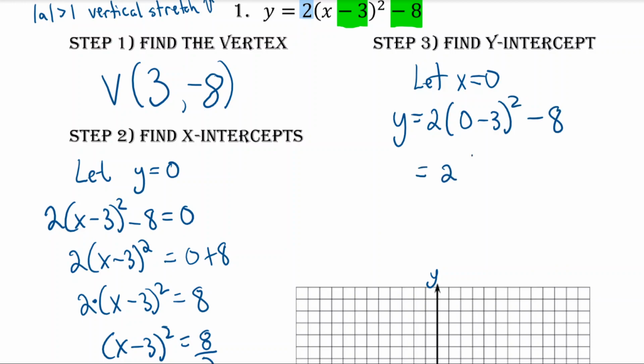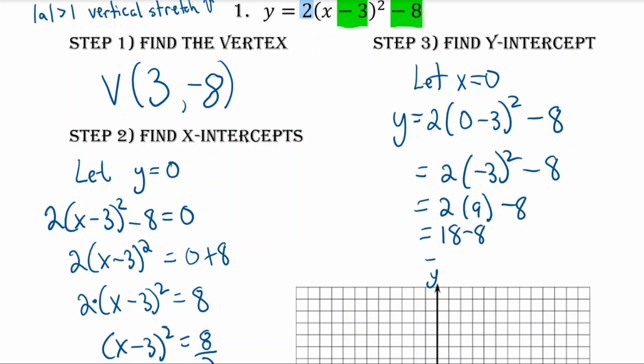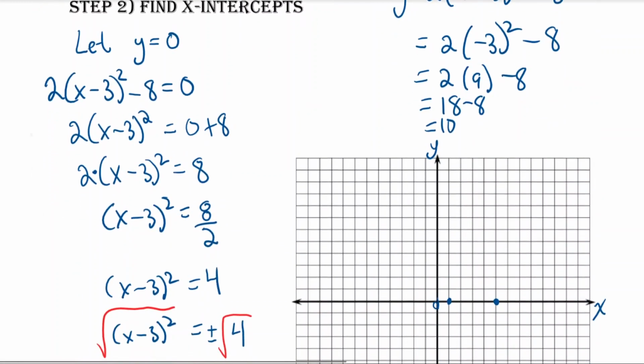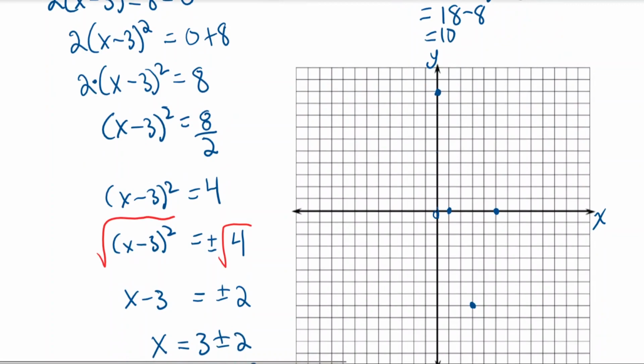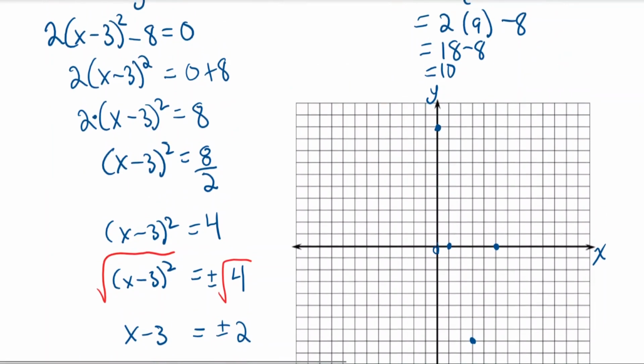All right, so we got 2 times negative 3 squared minus 8. What is negative 3 squared? Negative 3 times negative 3 is 9. So we got 2 times 9 is 18 minus 8 gives us 10. So we know that the y-intercept is 1, 2, 3, 4, 5, 6, 7, 8, 9, 10. And you can see this kind of fits our quadratic shape.